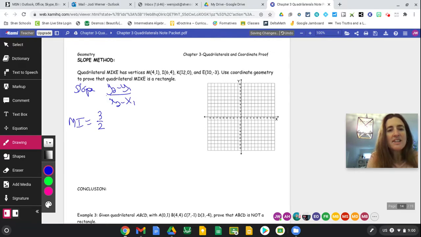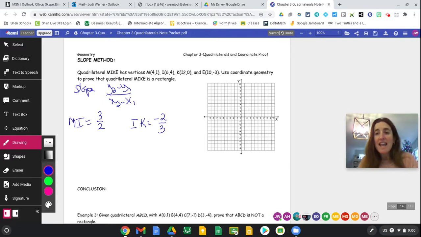And then I did the slope of IK, and that came out to be -2/3. Now, they're not the same, but you might notice that they're actually negative reciprocals of each other, which is fantastic because I'm trying to make this thing a rectangle. And in order to be a rectangle, they have to have slopes that are negative reciprocals.